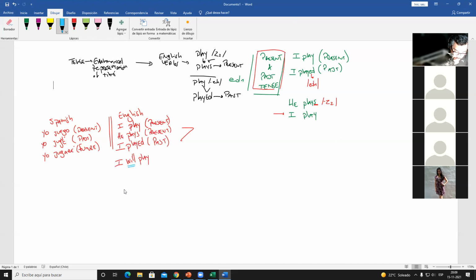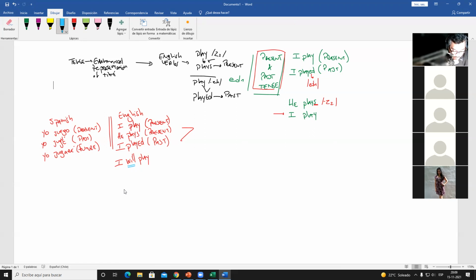And when you want to state something in the future, you need a periphrastic construction. That is to say, you need the presence of another totally different word, and the combination of words will let you know that something is happening in that time.